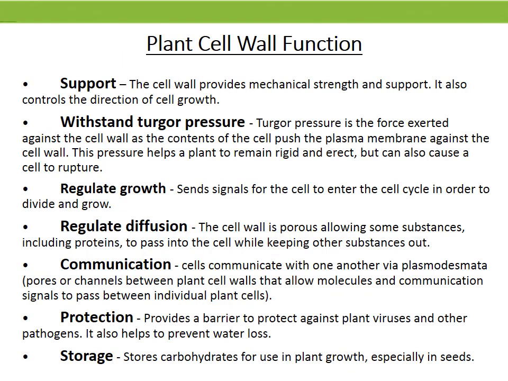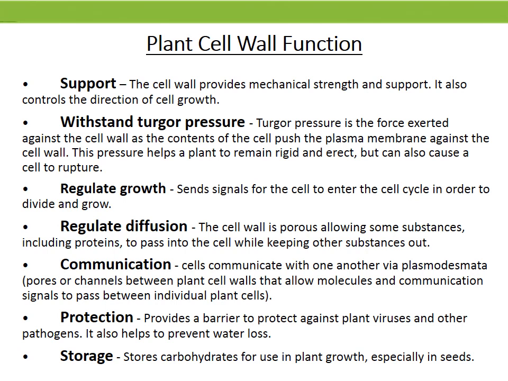Plant cell wall function. Plant cell wall provides support and strength to the plant. They maintain turgor pressure, regulate growth by sending signals to the cells to enter the cell cycle in order to divide and grow. Regulate diffusion because they have pits or plasmodesmata which maintain the movement of different molecules in and out.